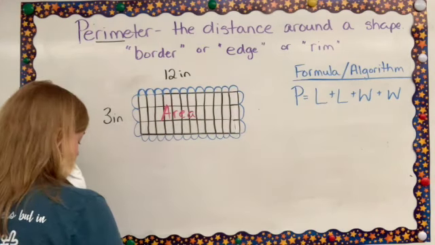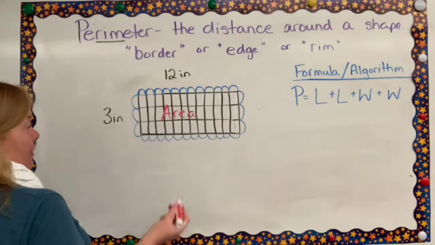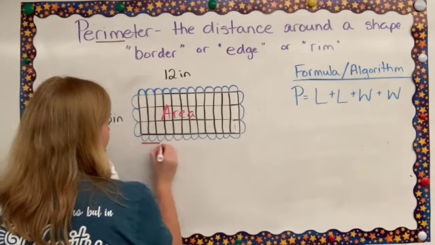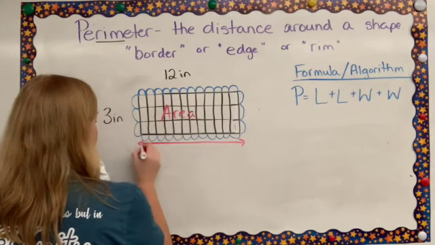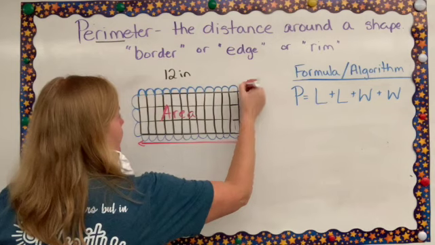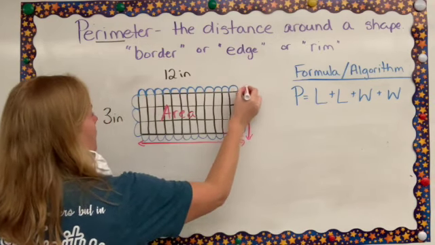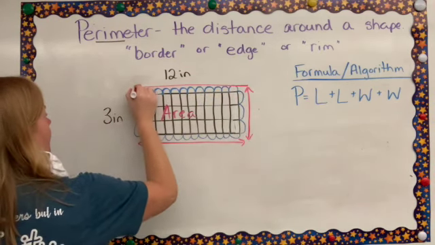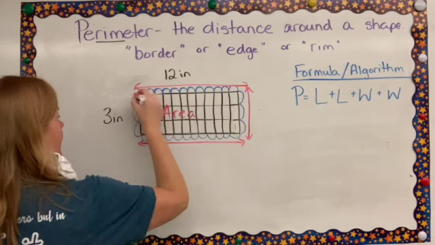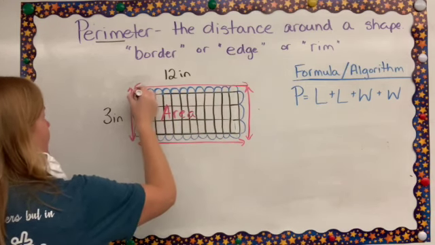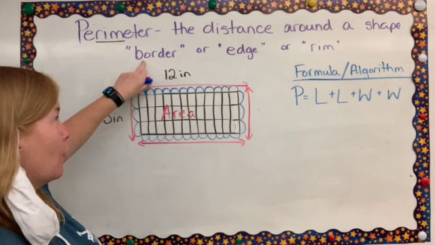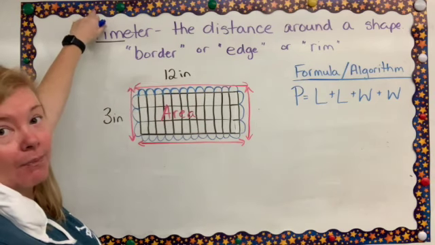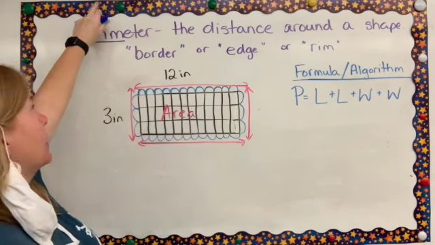Because if we're doing the perimeter of something, then we only want to know the distance around it. We only want to know the distance around a shape or the border of it. This stuff right here around my whiteboard, this is called a border.